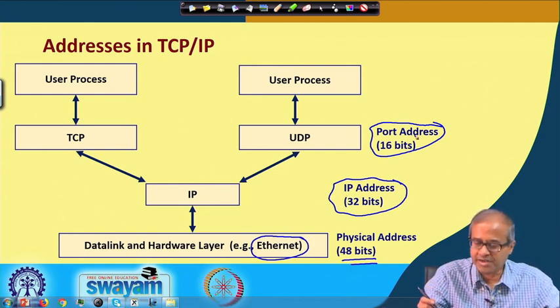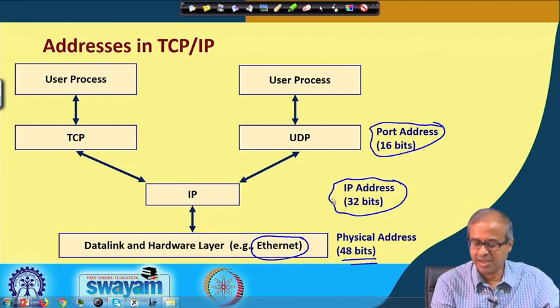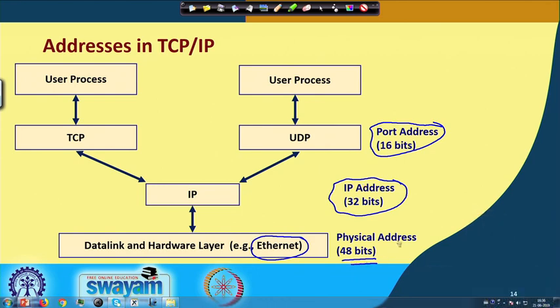This port address basically uniquely identifies one of the user processes or user programs running on a machine. IP address identifies uniquely the network interface, and physical address, as I said, is a characteristic of the network interface card, and every network interface card has a unique network address.